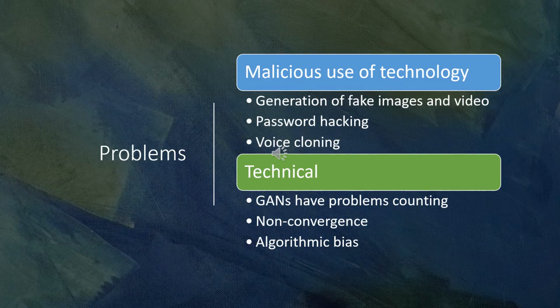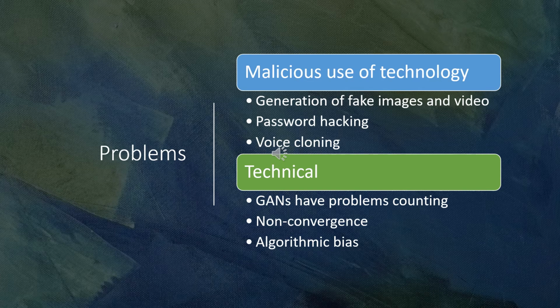So some of the problems associated with GANs include the malicious use of the technology for purposes like generation of fake images and video, as we've seen with the fake Obama video. They've been used for password hacking. Voice cloning has presented itself as another issue. On the technical side, GANs sometimes have problems counting the number of eyes in an image of an animal or a person.